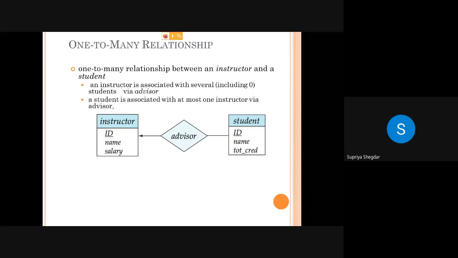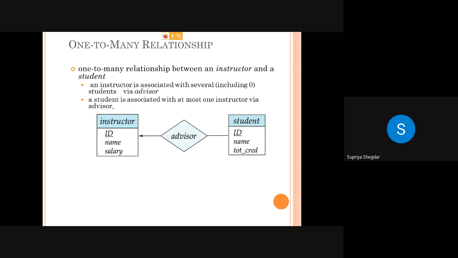Now the one-to-many relationship between the instructor and the student is that the instructor is associated with several students via the advisor. Take the example of a project: one project guide or one instructor is dealing with 4 to 5 students, or a number of students. So it is the one-to-many relationship.